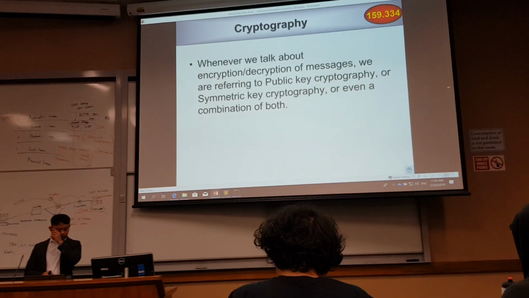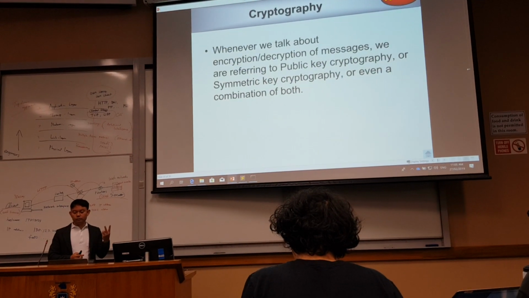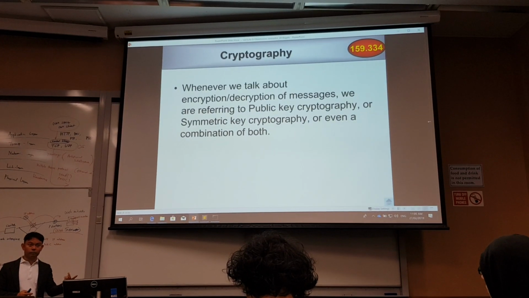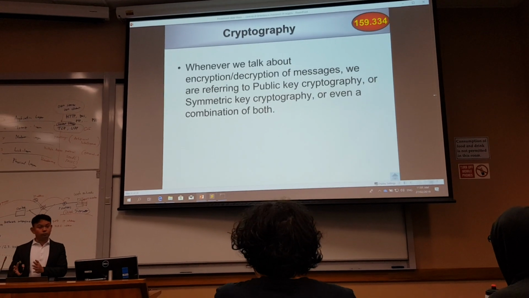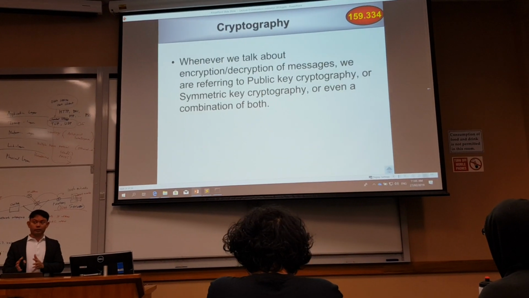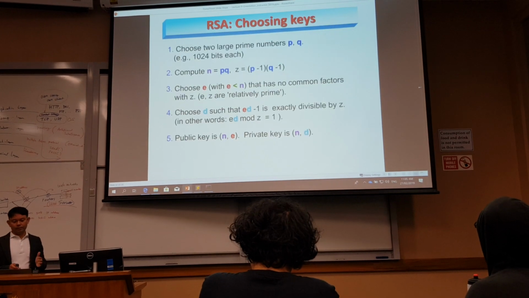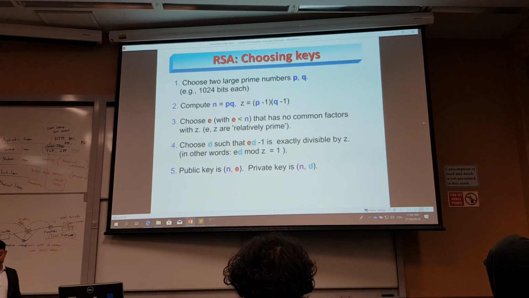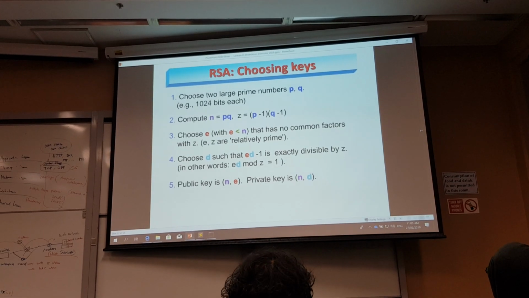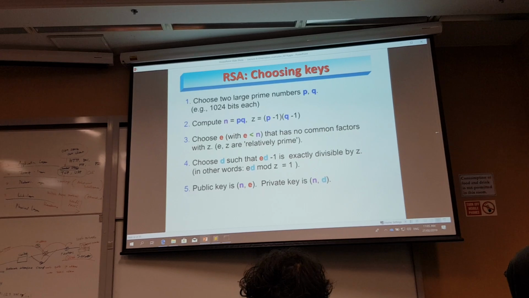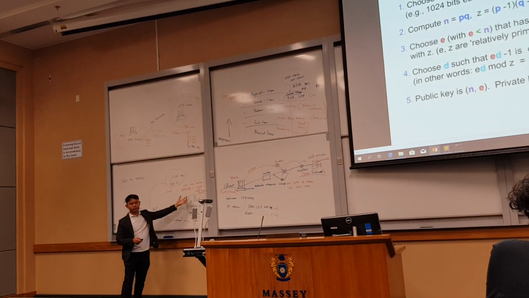And for this course, we will talk about two types of cryptography. You have public key cryptography, and another completely different approach is called symmetric key cryptography. We're going to combine them both for the assignments. And if you're also wondering what is the math behind this, I did mention that the numbers must be very large numbers.